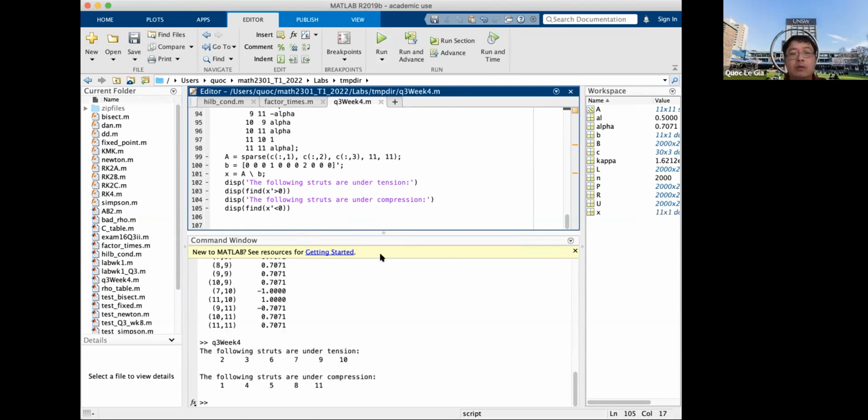So it gives you the answer. This is an application of solving a linear system and giving you back the interpretation on the mechanical structure. Now you can tell the engineers that struts number 2, 3, 6, 7, 9, and 10 are under tension, you try to stretch them, and the other ones, 1, 4, 5, 8, 11, you try to compress under the current assumption.